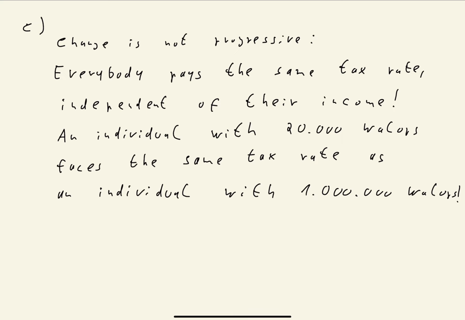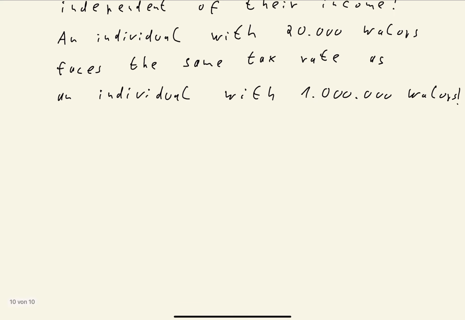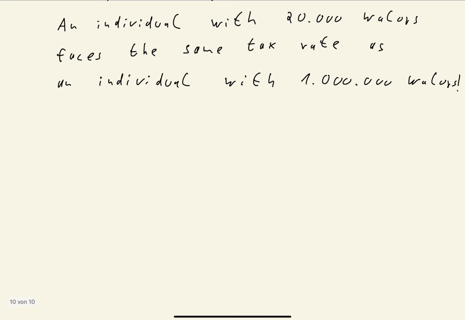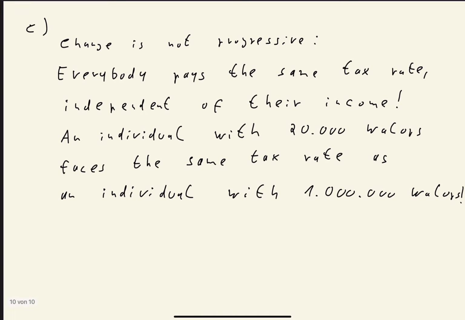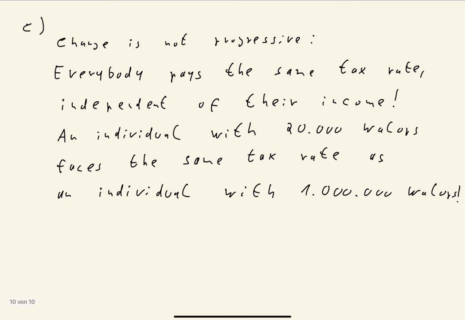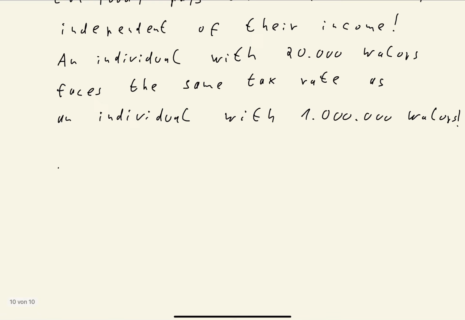So it's regressive. Now there is another effect, which is due to the change in the exemption. So I can write something down here. Please add here: the change is not progressive due to flattening. And the other effect is the change in exemption.